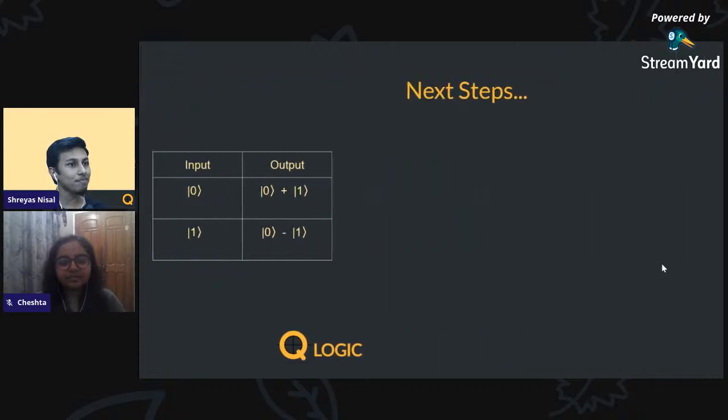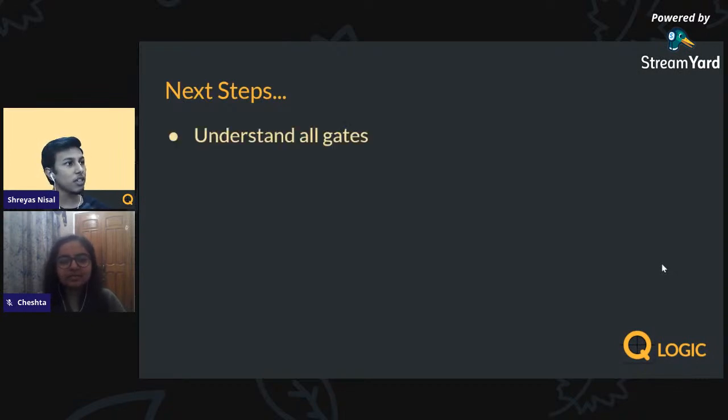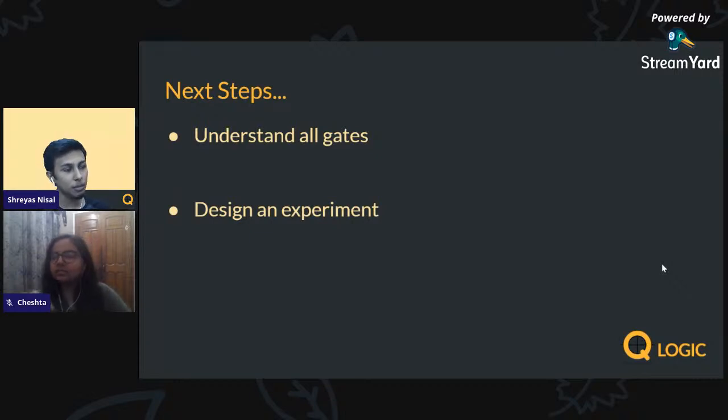And this is how you would normally enter into quantum computing. The first step would be to understand all the gates, or as many as you can, at least a few. The next step would be to design an experiment.